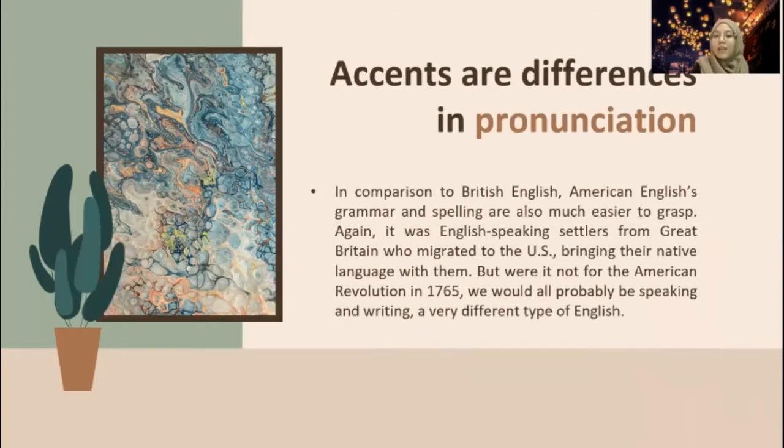Again, it was English-speaking settlers from Great Britain who migrated to the United States, bringing their native language with them. But were it not for the American Revolution in 1765, we would all probably be speaking and writing a very different type of English.